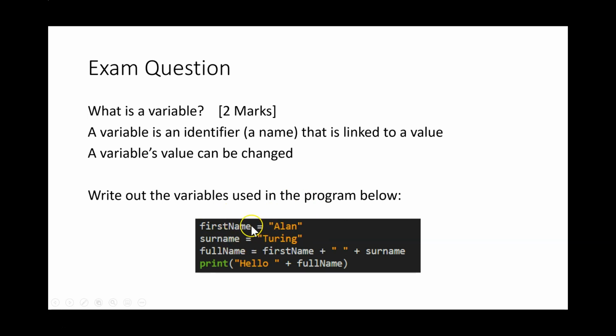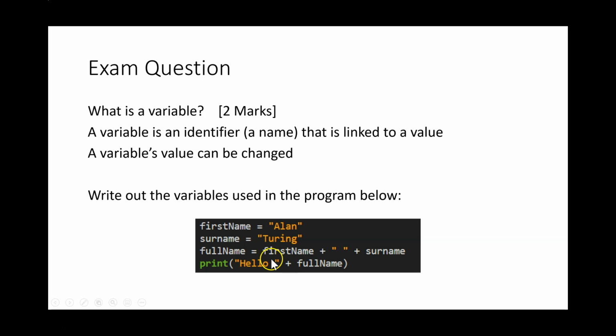So if you see an assignment, that is a sure sign that it is a variable. Secondly, you can see them being used in expressions here, and variables can also sometimes be declared in a loop, such as in a for loop. But generally speaking, the assignment will give you a good clue as to what you are looking at.